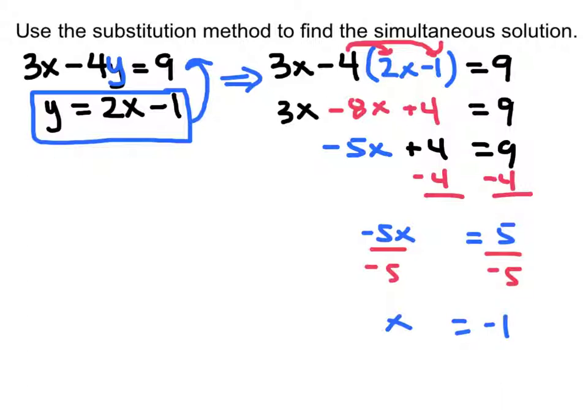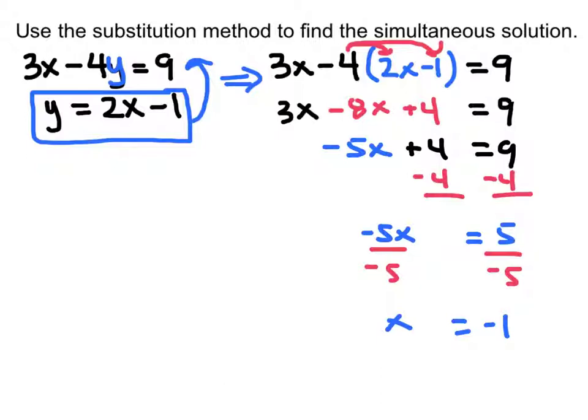Now, once you have the value of x, the next thing you have to do is find the value of y by substituting it into either one of the original equations. You want to look at this a little more carefully. It might be a little easier to substitute x into the bottom equation because it's already solved for y. So let's do that.